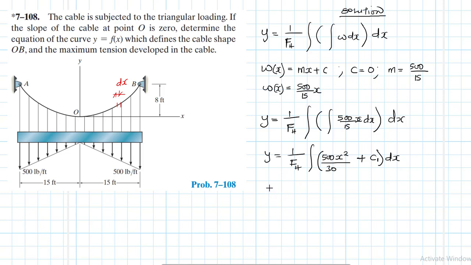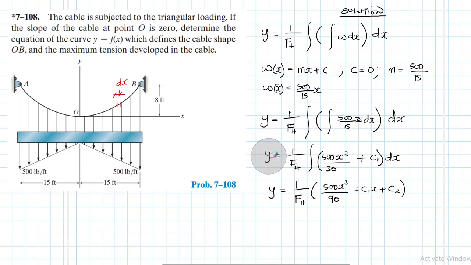Right? And then we do the second integration again. So we have 1 over FH, and this becomes 500 x cubed, then 3 times 30, which becomes 90, then plus c1x plus c2.